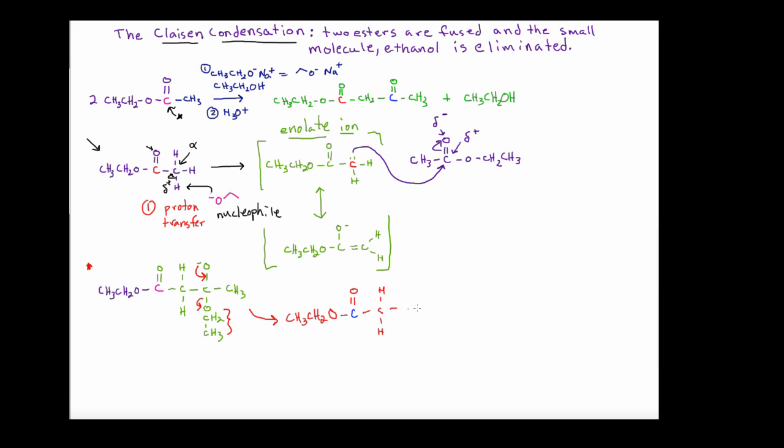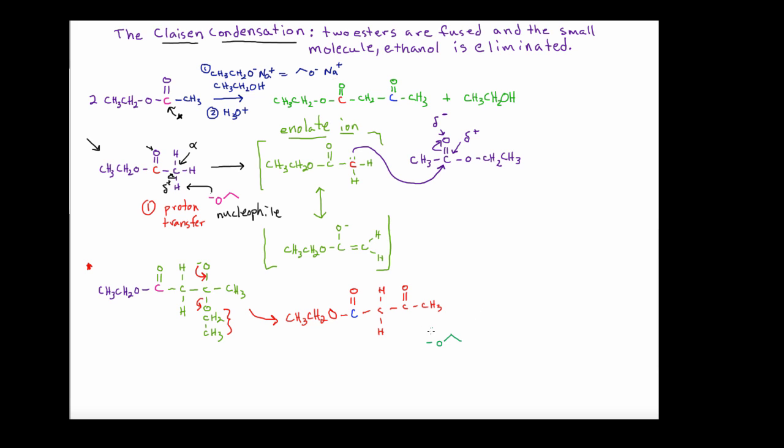And we have a carbonyl oxygen back in this position. We kicked out this molecule, so let me draw him back in here. So we have the ethoxide anion again that's still in the reaction.